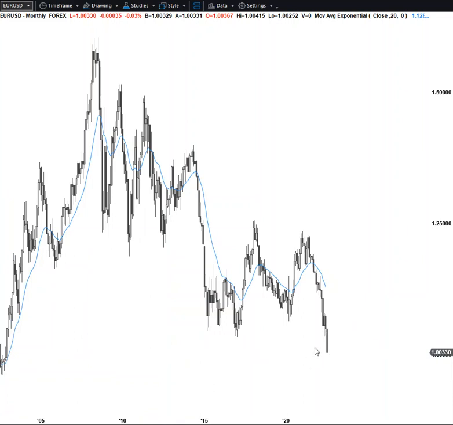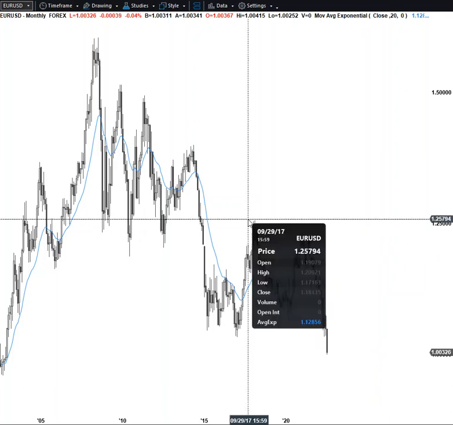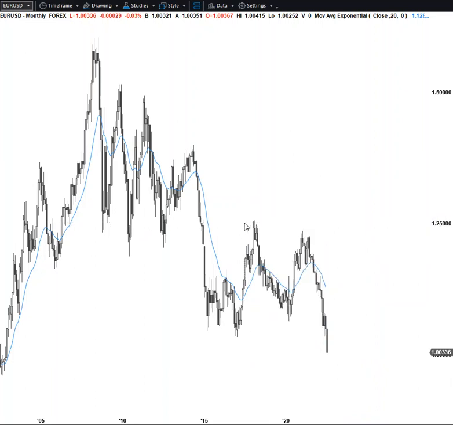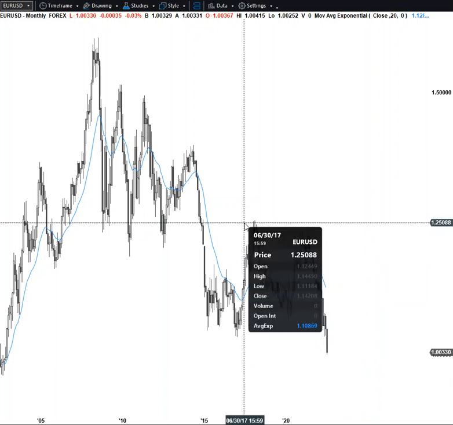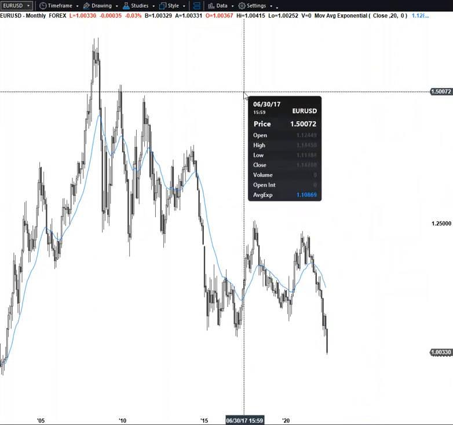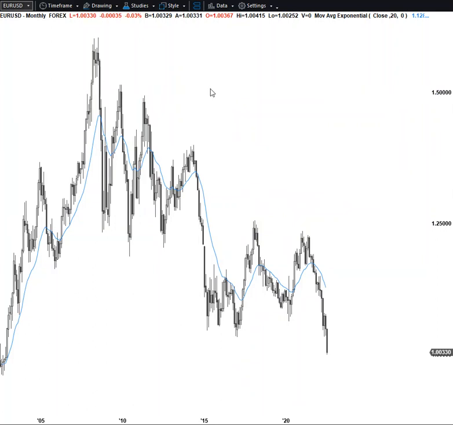Probably not going to even look at 2,500. Spend a lot of time at 2,500 or 1.2500. Spend a lot of time right there. 1.5, a little while, but that's pretty extreme. So, probably, look at this trading range here.